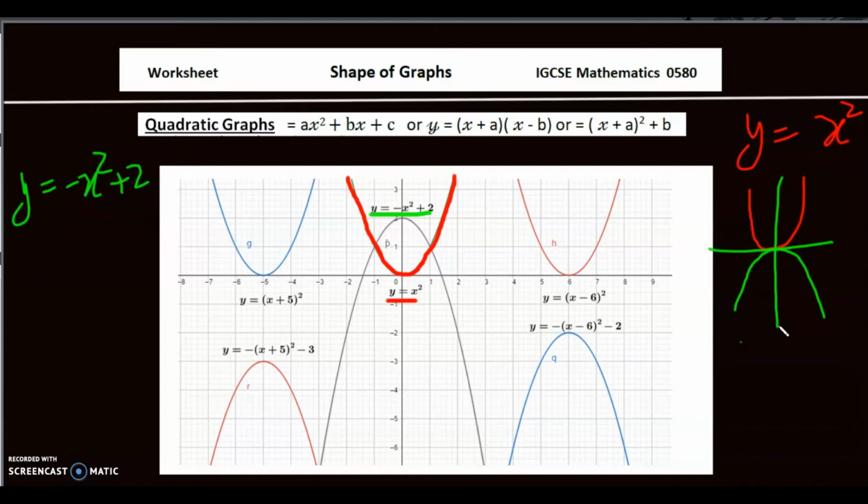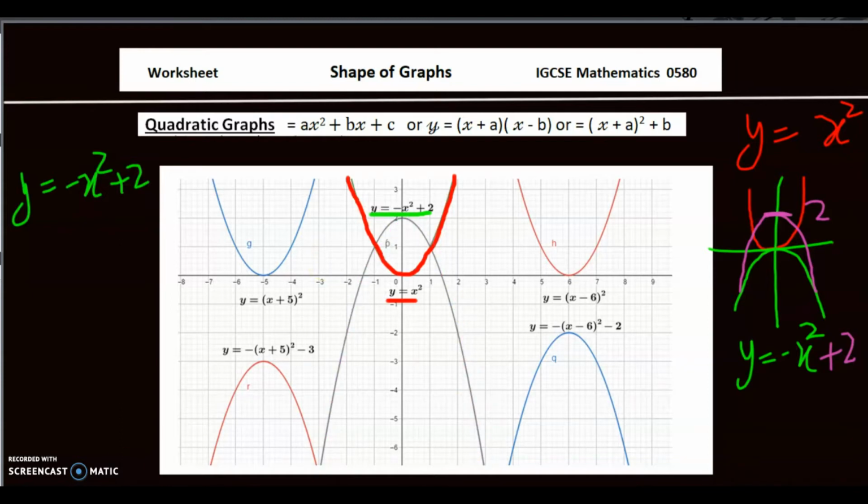The graph of minus x square is below the origin. And there's then plus 2 being added to this graph as well. This plus 2 will simply take this curve 2 units up. So it's going to land here. That's why this is the graph of y equals minus x square plus 2.